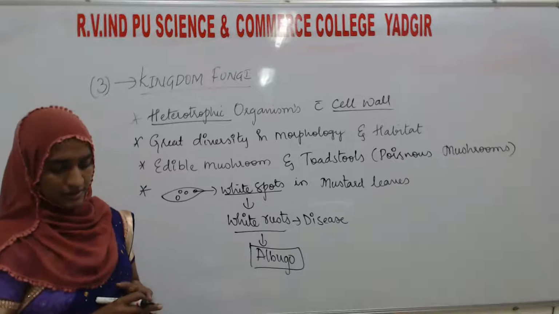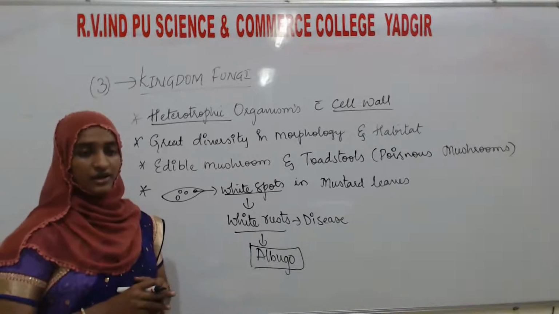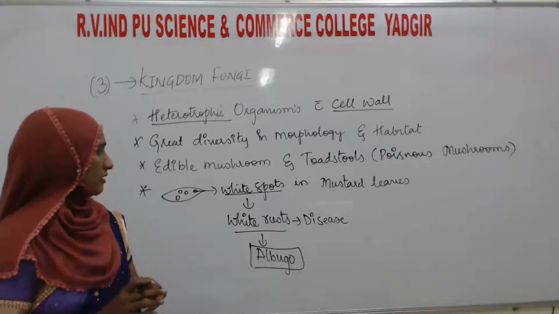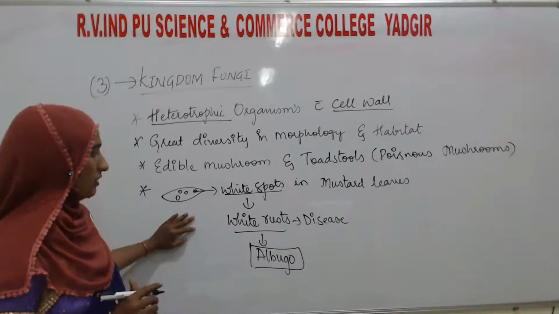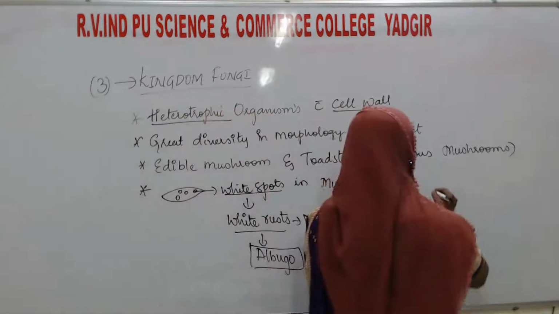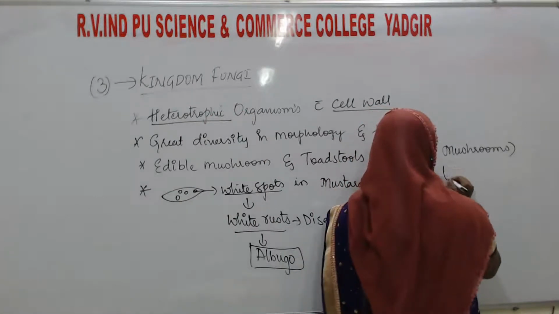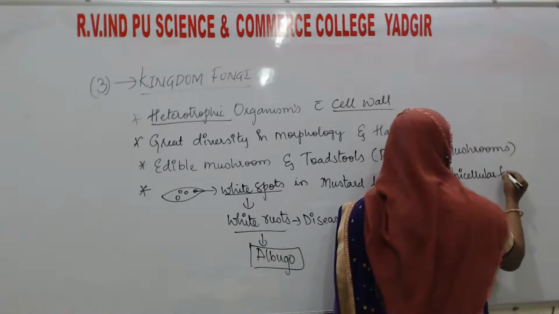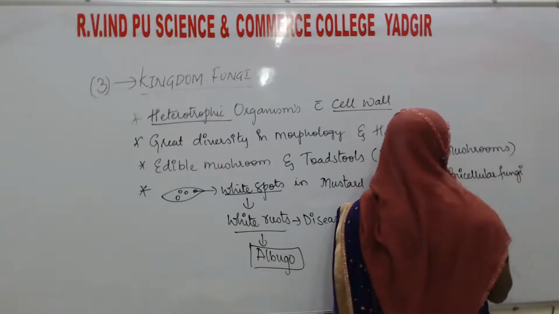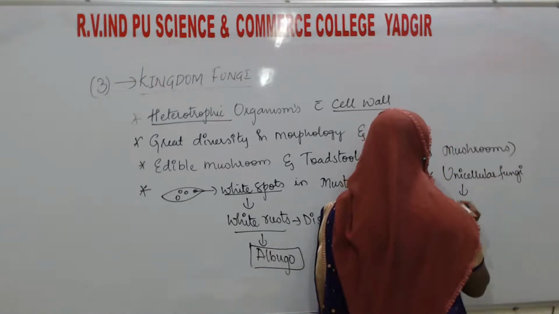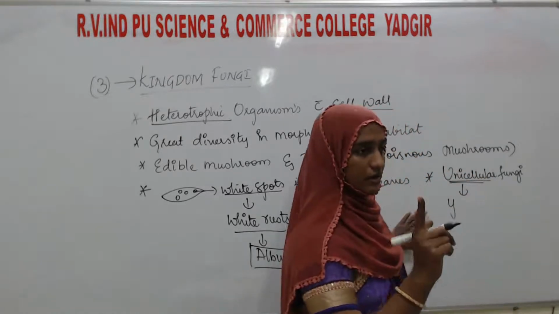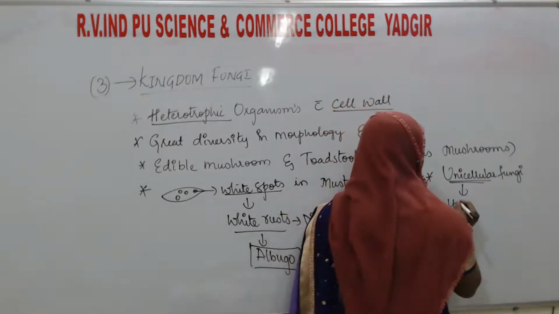Okay, the next thing here, some unicellular fungi will be there. One is yeast. Some of the fungi are unicellular. All the fungi are multicellular except one, that is yeast.